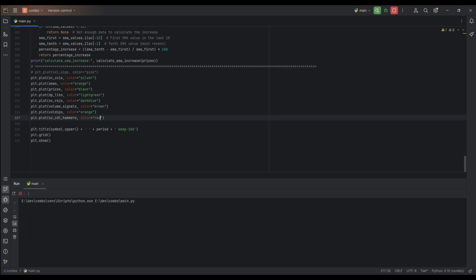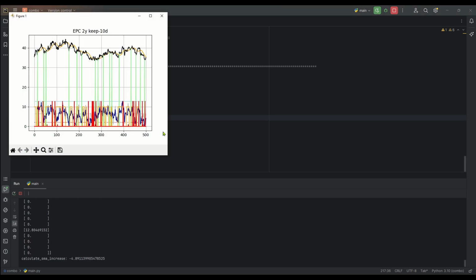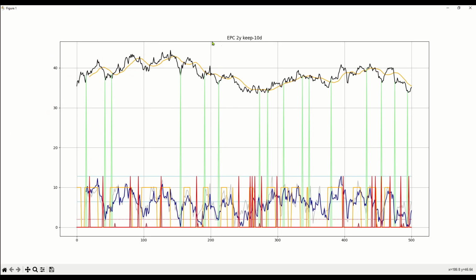Let's run this. 2 years. 2 years is my standard. Okay. So is this actually, yeah, it's at 12, I think. So we got our first readings then. So that was a short one. If this is all we have to do, you see the power of TALIB.